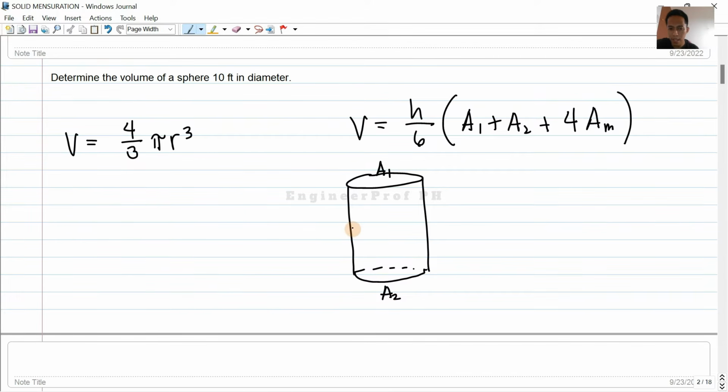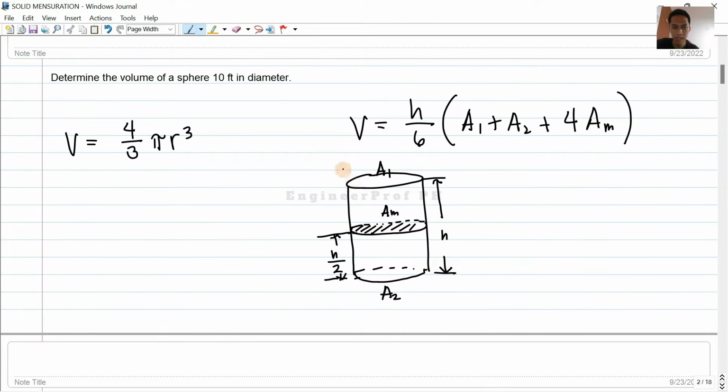Then area of the midsection is the area at 1/2 of the height. So this is the area of the midsection. Okay, so that is at h over 2. If of course this full height here is h.